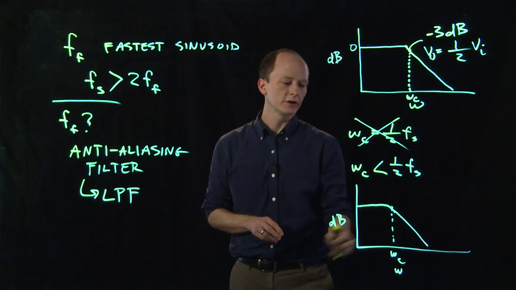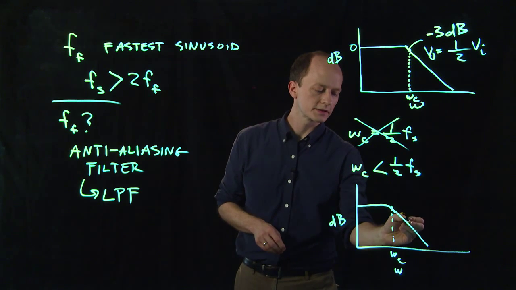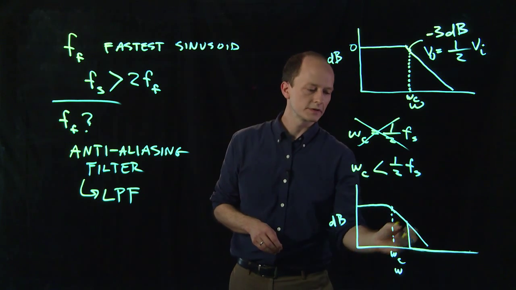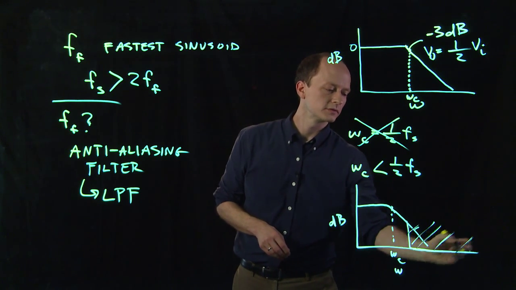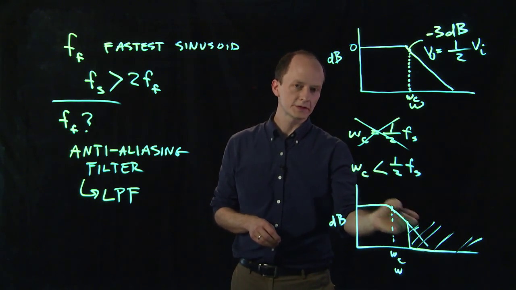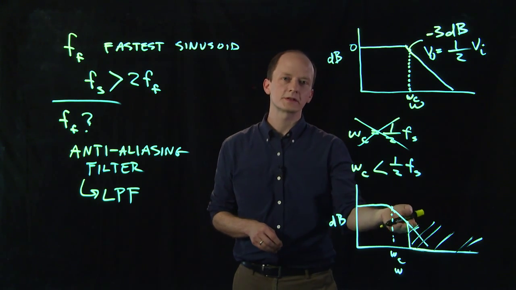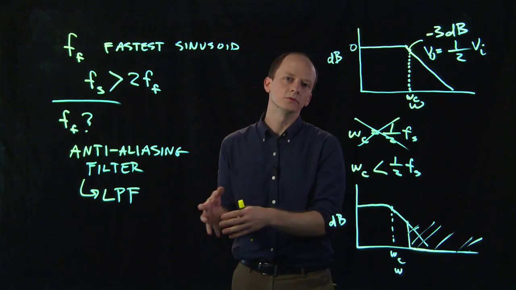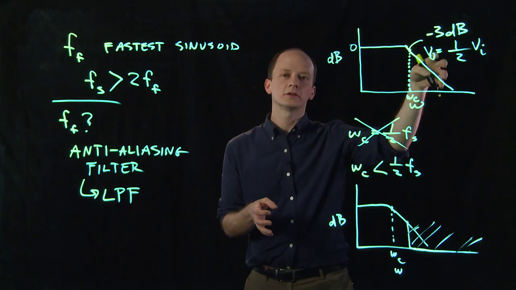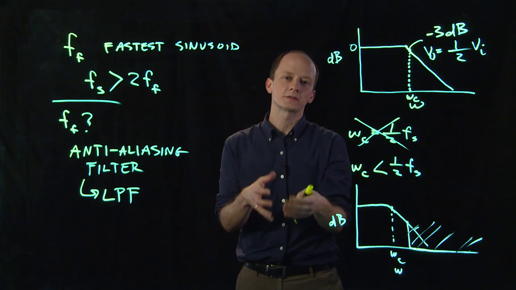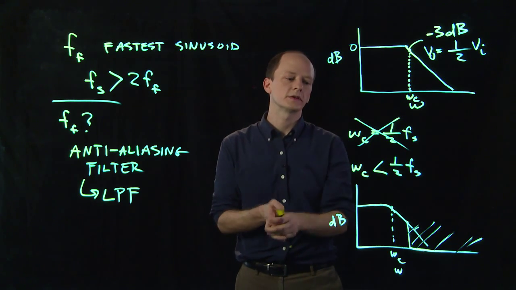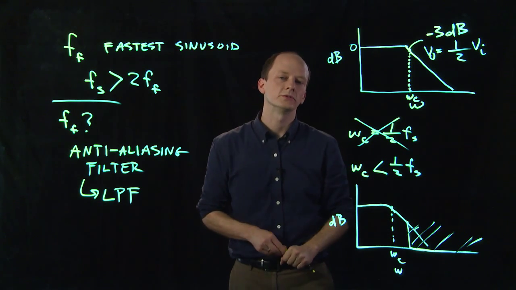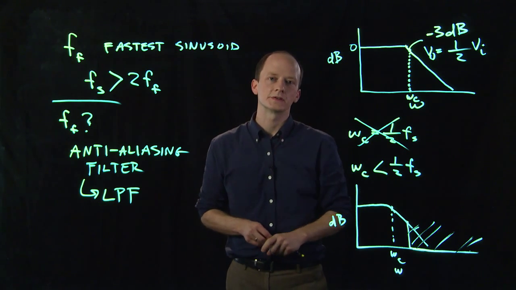We want to choose the cutoff so that when aliasing starts, let's say aliasing happens for all frequencies above here, so this is all bad region, by the time our filter gets to these frequencies, it's already suppressed our signal quite a bit, so that those frequencies are removed. If we only have the cutoff here, there can still be those high frequency components in our signal which can cause aliasing. So instead we want to choose a cutoff frequency that's well below our potential frequencies that could cause aliasing.